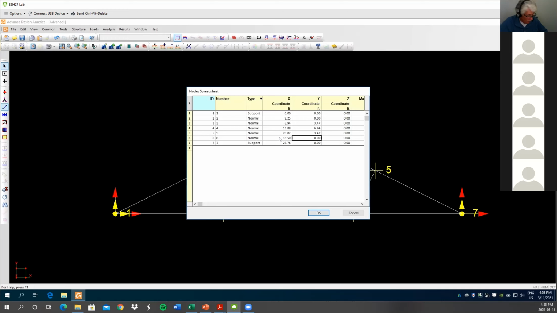Now, as far as the height goes, I'm not sure. Did you put the right height? 9.25 times 3. I think your height is a little low. 9.25 times 3 divided by 4.